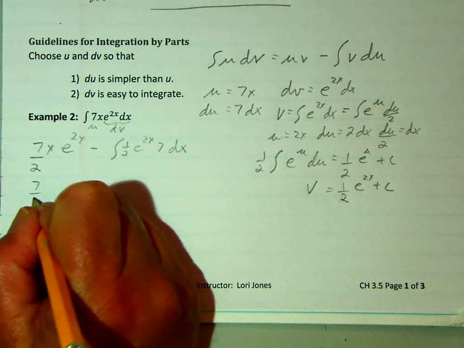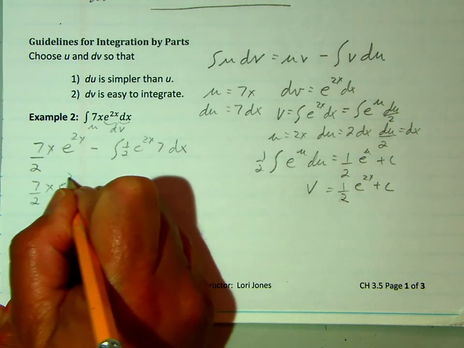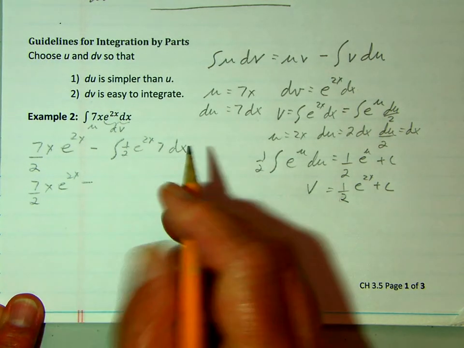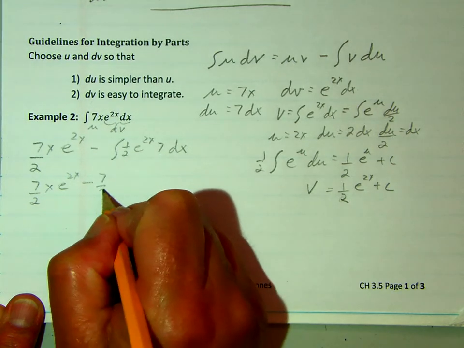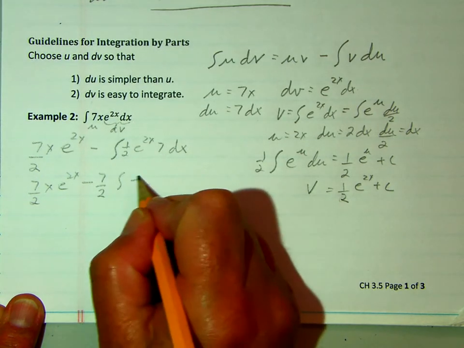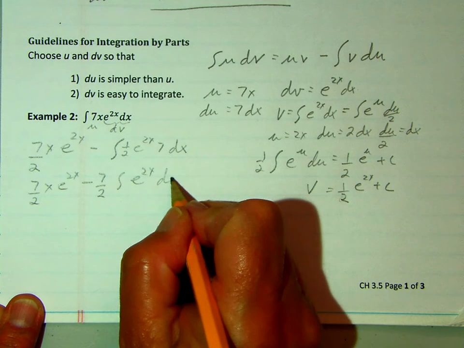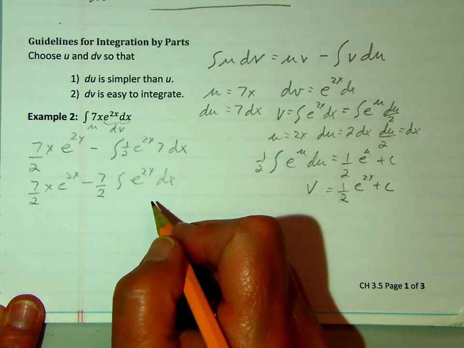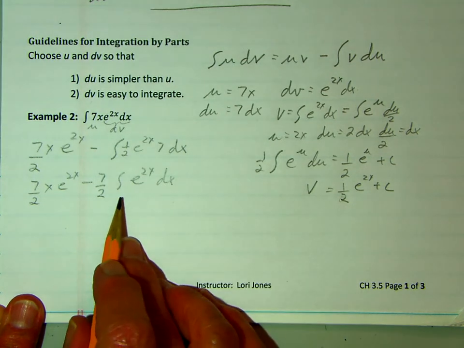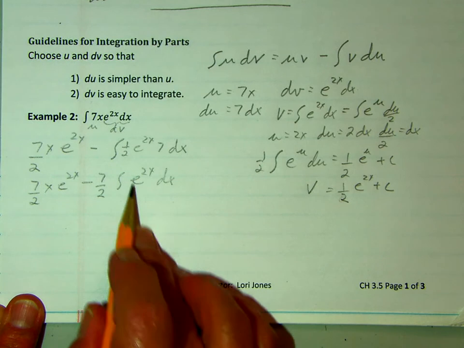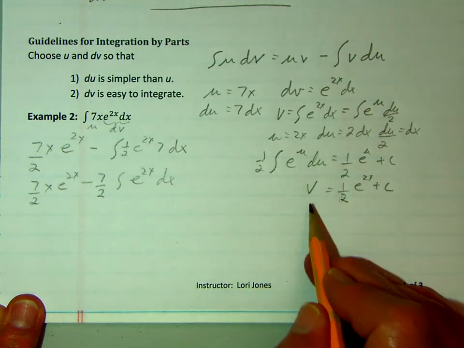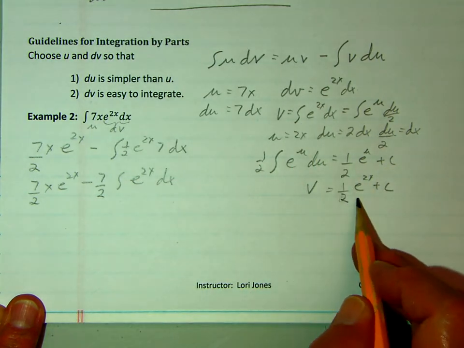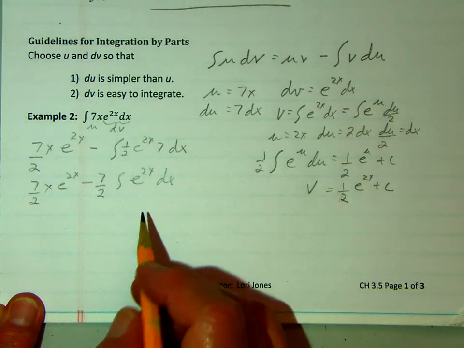So 7/2 x e to the 2x minus, I'm going to pull out all of these constants, so 7/2 times the integral e to the 2x dx, which I already solved, because e to the 2x dx we already found was 1/2 e to the 2x plus c.